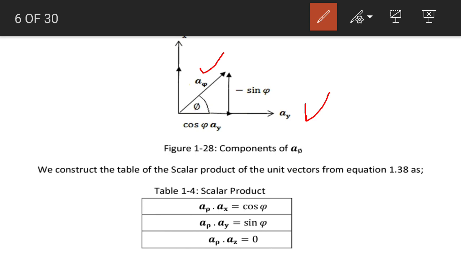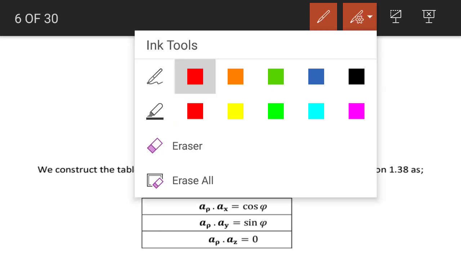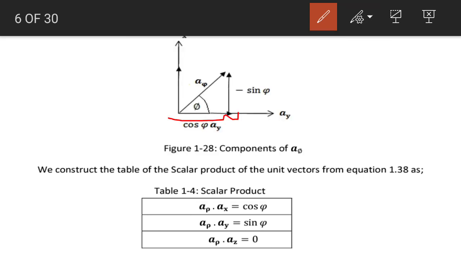So this unit vector has a component along y-axis, which is equal to cos phi Ay. You see this is the component which is along y-axis, and this is equal to cos phi Ay.